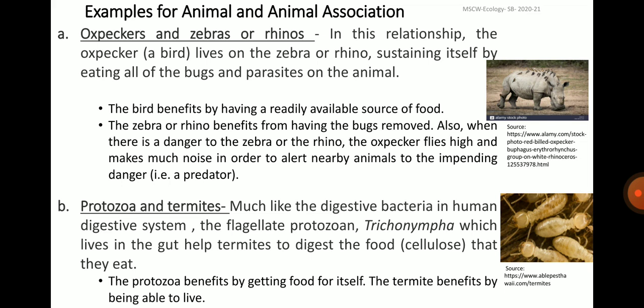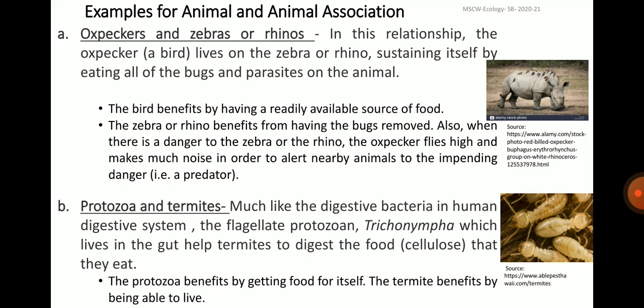In this relationship, the oxpecker, that is a bird, lives on the zebra or rhino, sustaining itself by eating all of the bugs and parasites on the animal. In this association, the bird benefits by having a readily available source of food, and the zebra or rhino benefits from having the bugs removed.